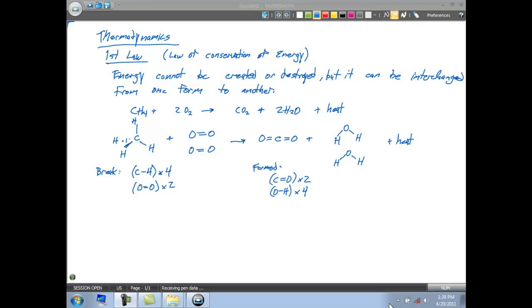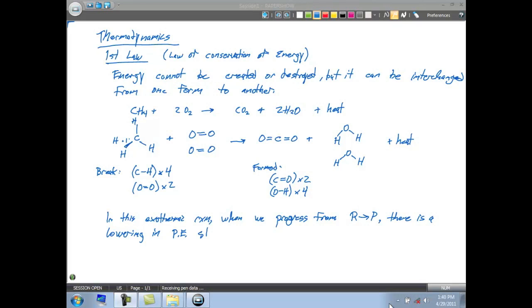But what we can say about this reaction to tie the first law of thermodynamics, this law of conservation of energy, into these molecular reactions is that in this exothermic reaction, when we progress from reactants to products, there is a lowering in potential energy stored in the chemical bonds.